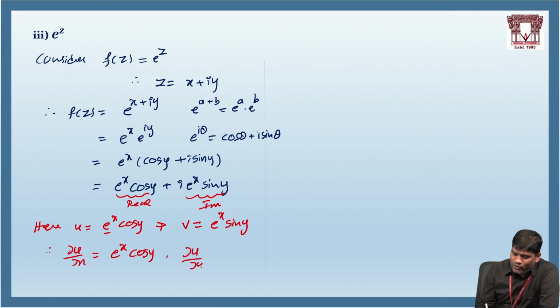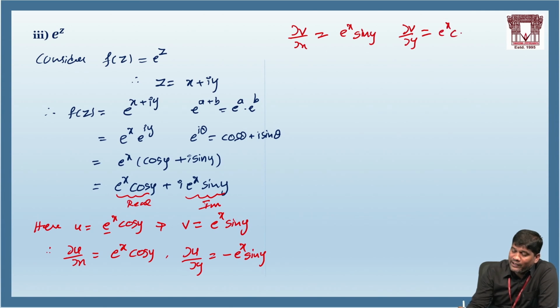Dou u by dou y is, derivative of cos y is minus sin y, so minus e to the power of x into sin y. Now we have to find the derivative of the second function with respect to x. Dou v by dou x is e power of x into sin y, then dou v by dou y, derivative of sin y is cos y, so e power of x into cos y.